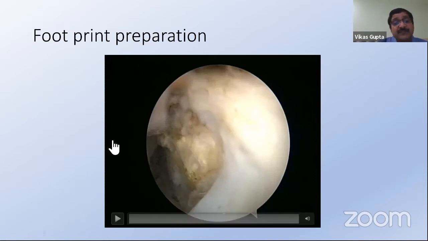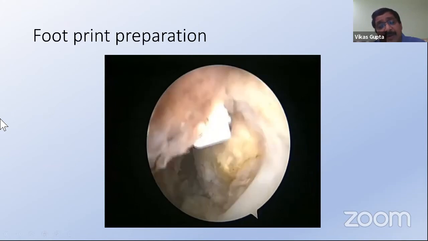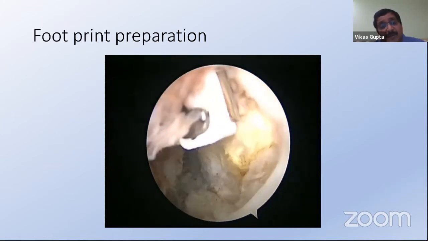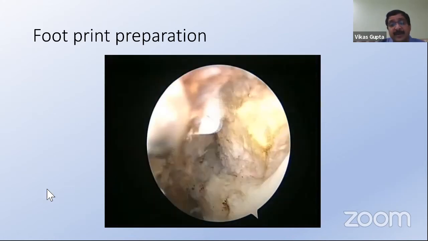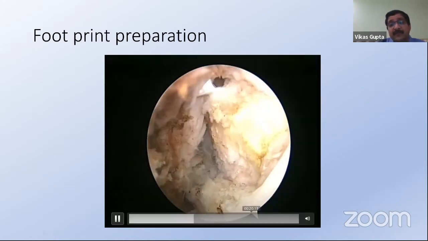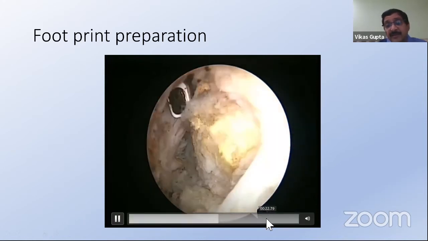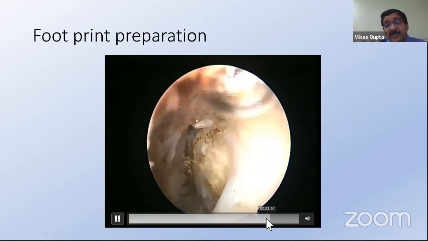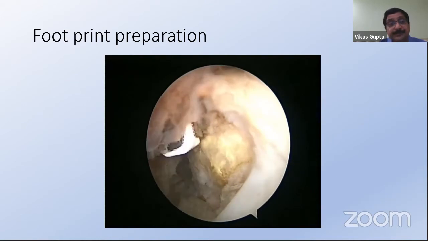So the patient was taken for arthroscopic repair, in which first we do the bursectomy, removing the bursal tissue. We prepare the footprint. Footprint is the bone where the tendon was initially attached. You prepare the footprint to create a bed for attachment of the tendon.